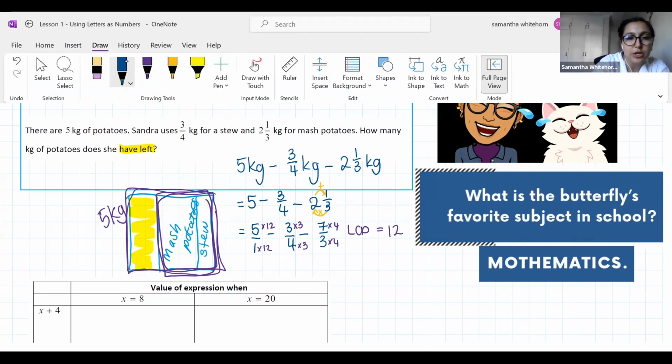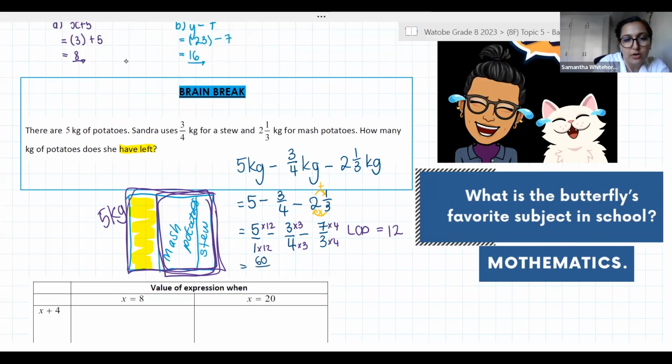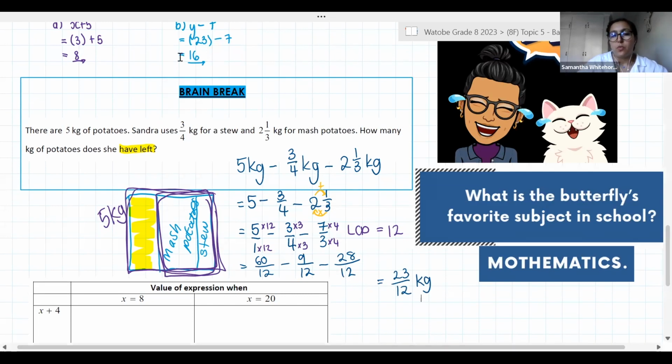So now I've got 60/12 minus 9/12 minus 28/12. And now I just go and subtract. Like Yolanda said, we've done fractions. We know how to do this. And this gives me 23/12 kilograms.